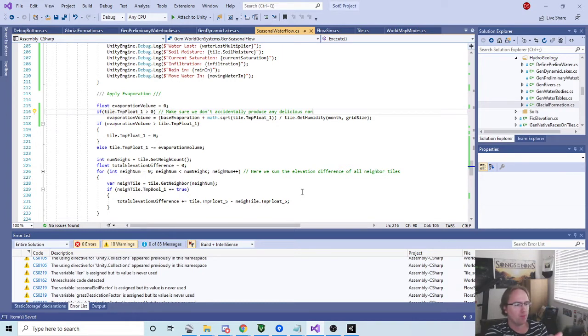So let's say we have 30 water moving through a tile, and let's say the humidity is 0.6. Then we end up losing like 30% of the water via evaporation before it's even moved anywhere. Which is, I don't know, kind of what we want.